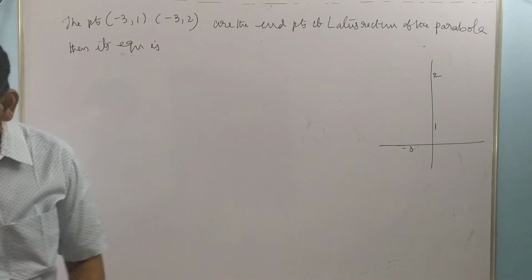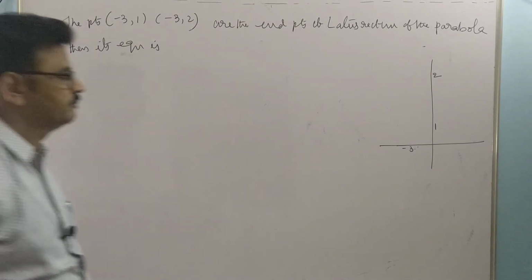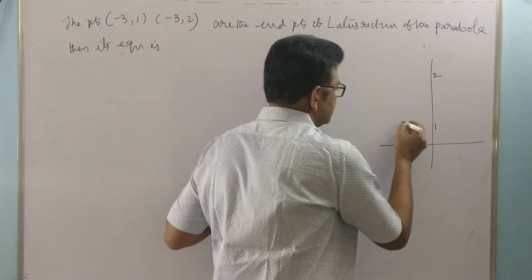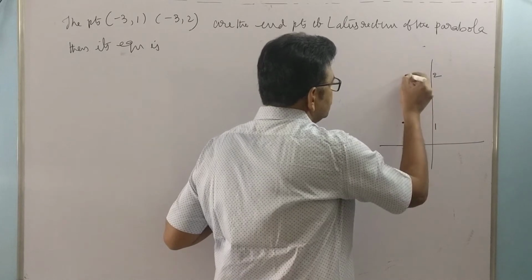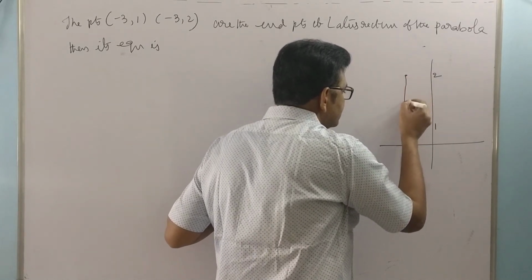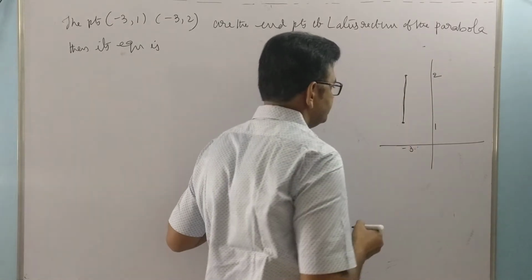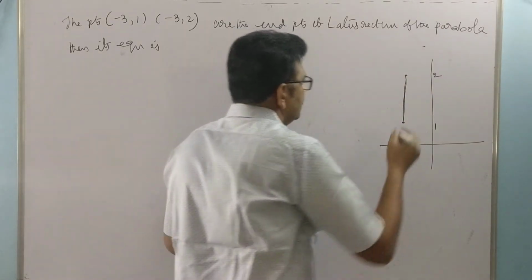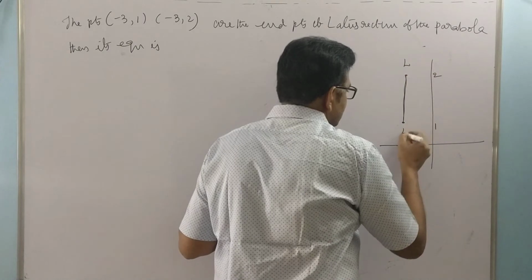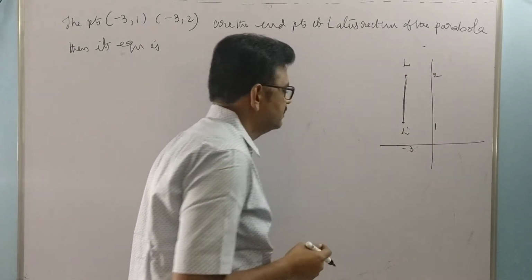Minus 3 comma 1, this is the point. Minus 3 comma 2. These are the end points of latus rectum. Let the points L and L dash be the end points of latus rectum.